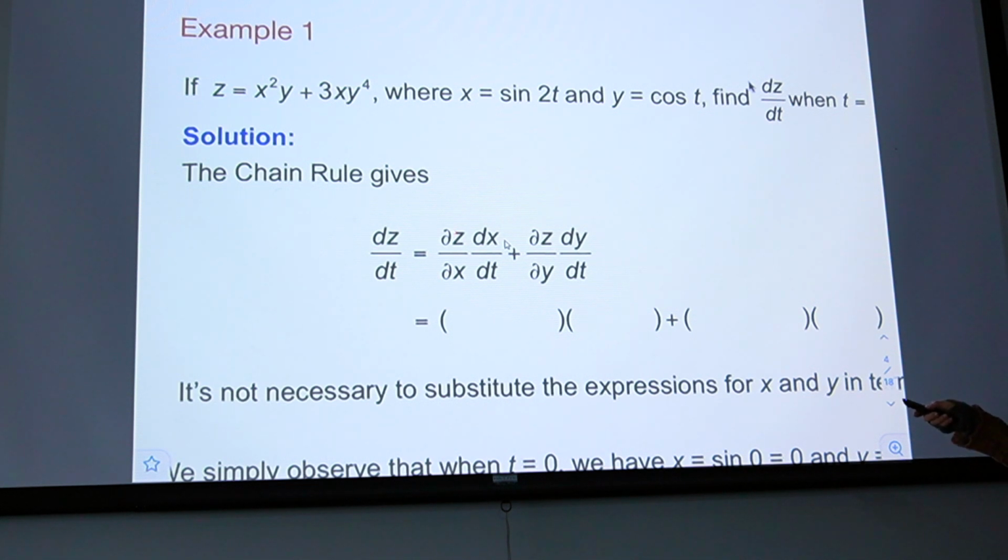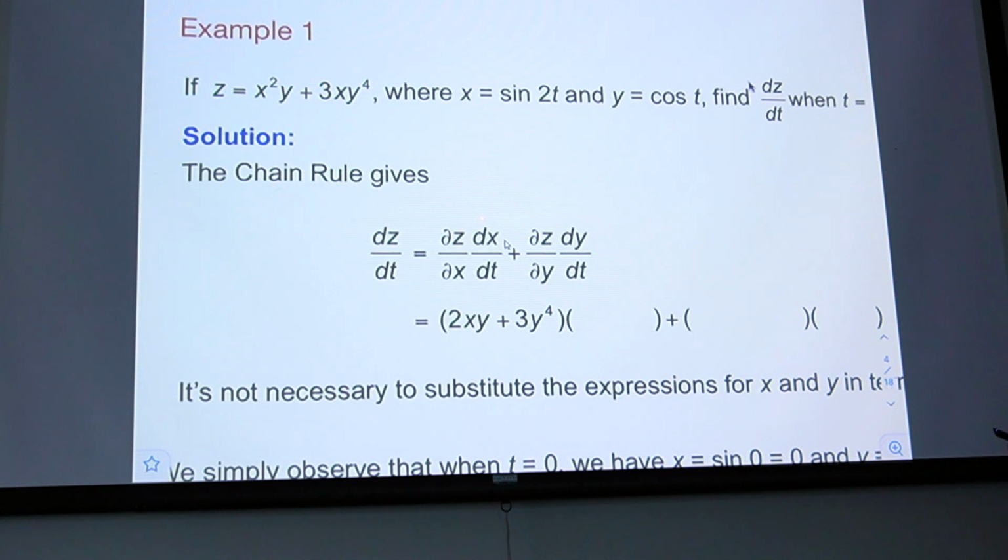So to calculate this, we hold y constant and regard it as a constant. So what's partial z, partial x? 2xy, you got it, and then plus 3y to the 4. Yeah, you got it. Good job.